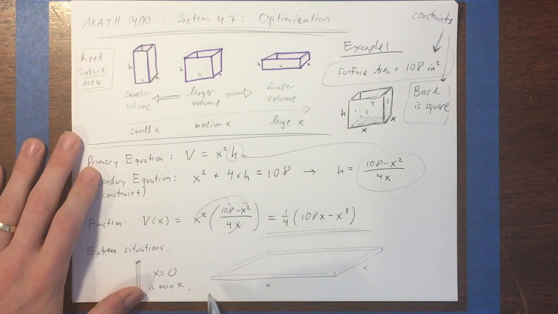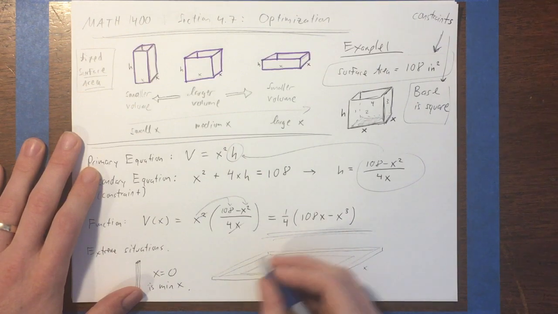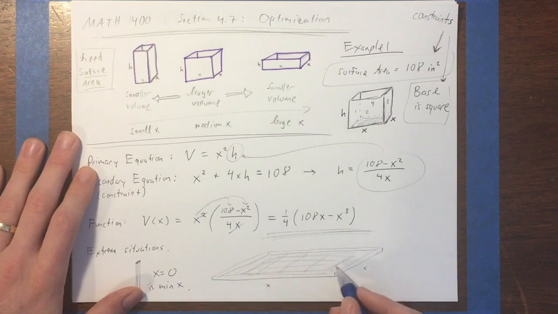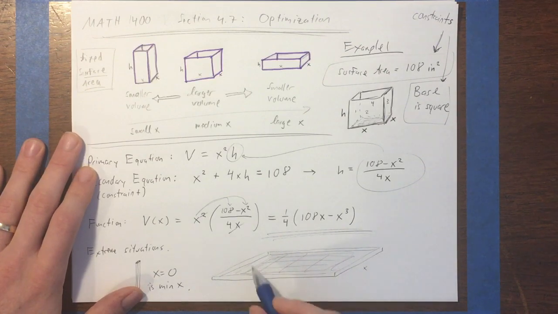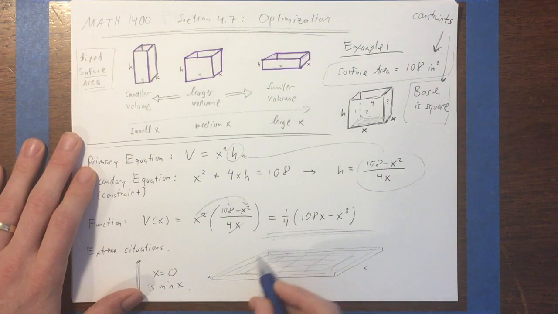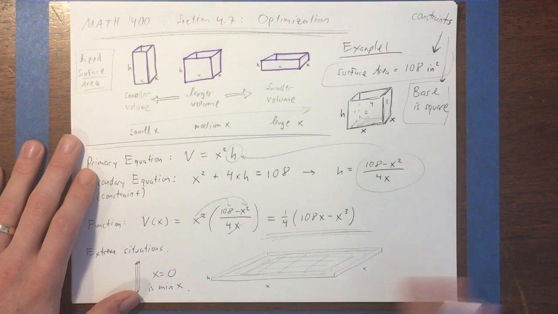Now what that means is you can't have x approach infinity, because the base of this box here, this area, can't exceed 108. If x gets large, h can approach 0. So let's assume for our extreme situation that the sides of this box have negligible surface area, which means that it's so small that it doesn't even matter.